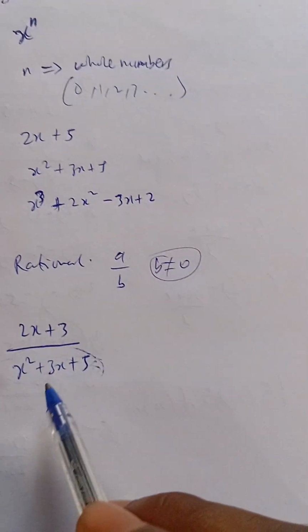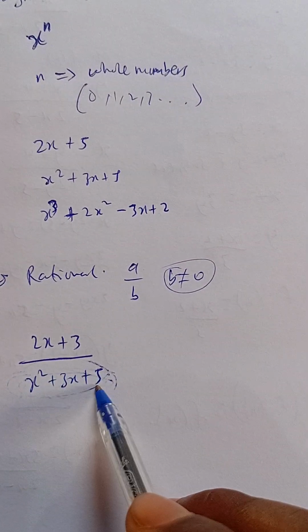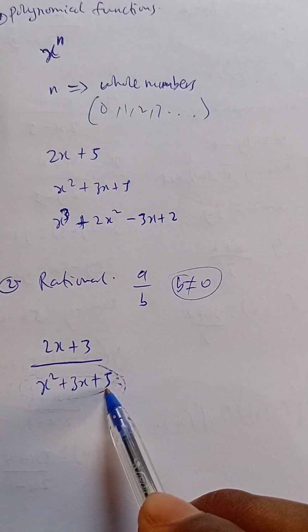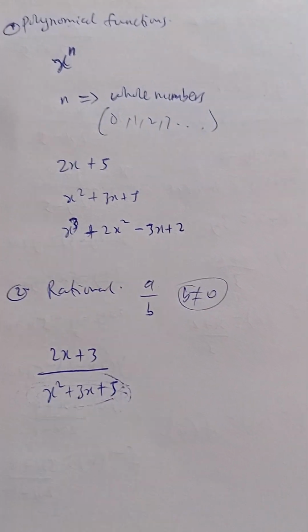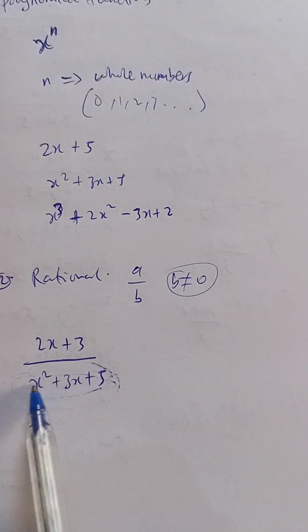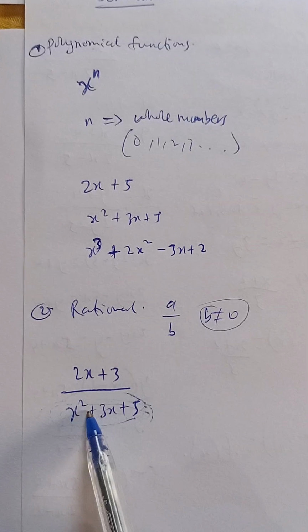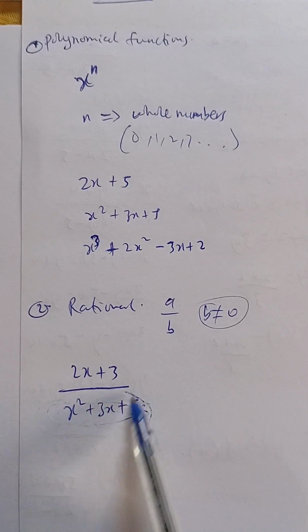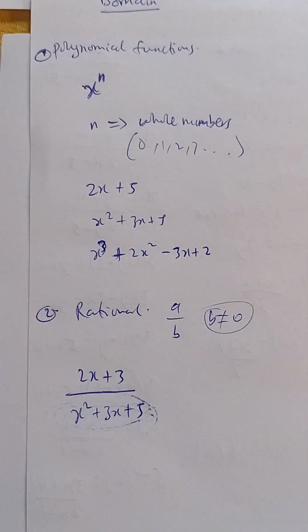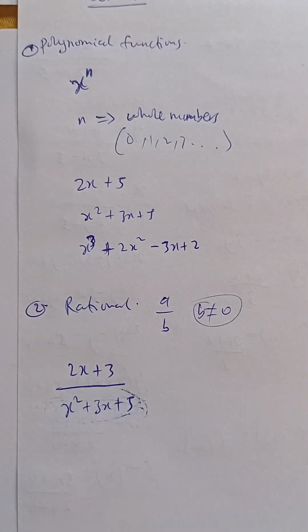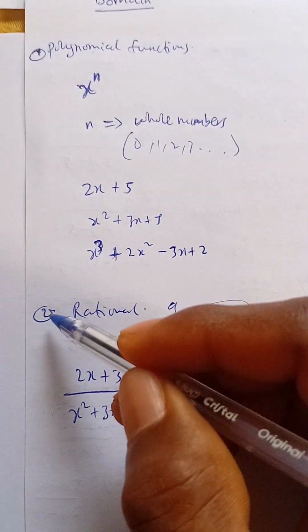So you have to find the values that will make this thing 0. And then your domain will be the set of all real numbers except those values that will make this denominator 0. Because once this denominator is 0, you are violating mathematical principles, which means that this function will not exist again. It will be undefined. So this is rule number 2.